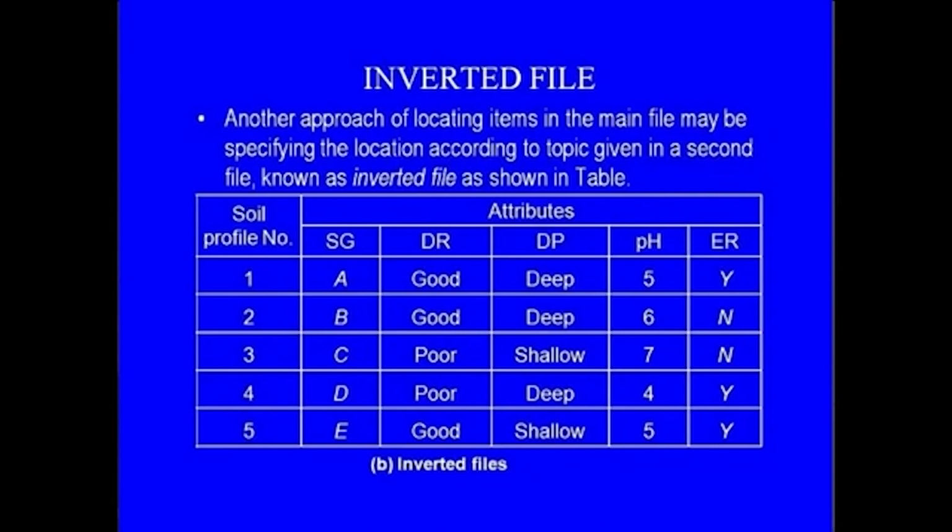So, for soil profile 1, the information has been provided as: good, deep, 5 and Y, which means certain attributes of the soil profile have been stored. Similarly, for different soil profiles, the information has again been categorized and the data has been saved in an inverted file.